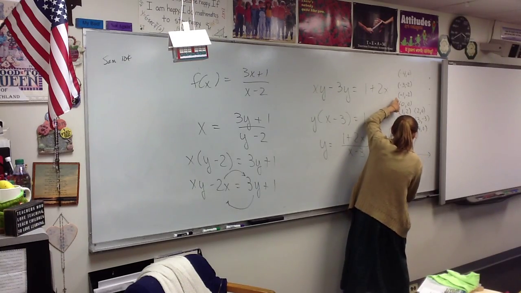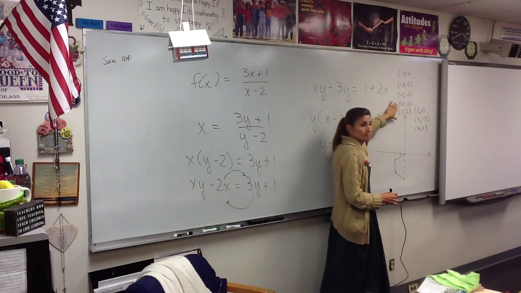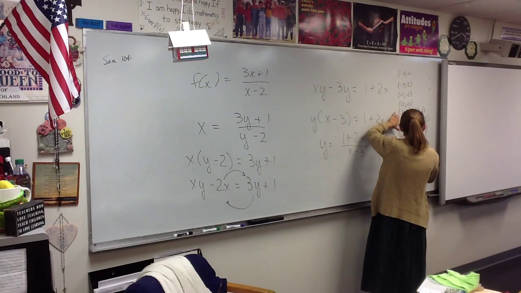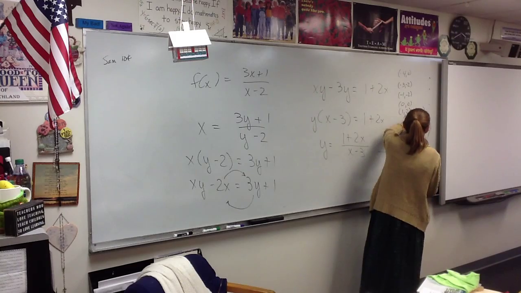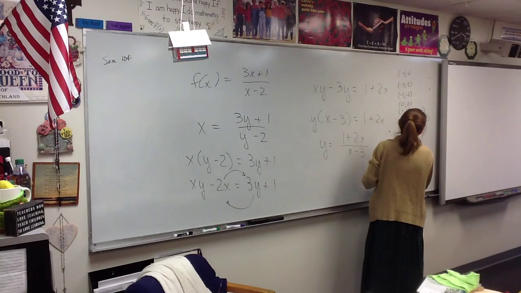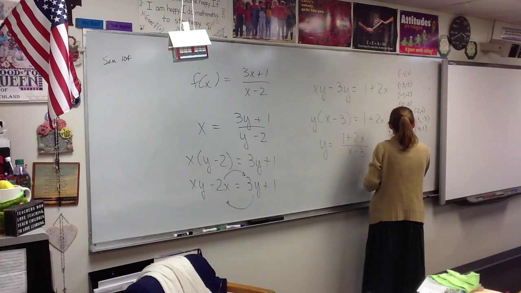So there's my first 4 points. 2, 1, 0, 2. So there's my next 2. -3, 3, and 0, 4.